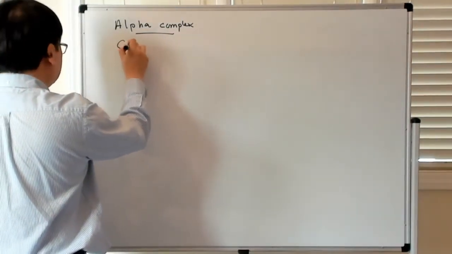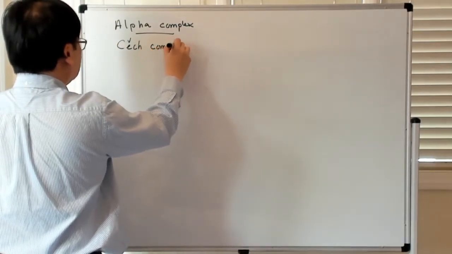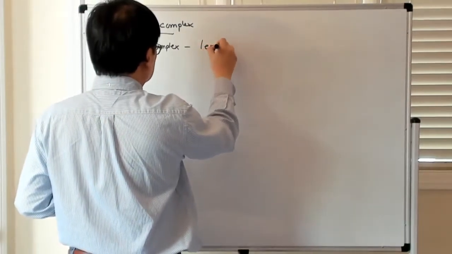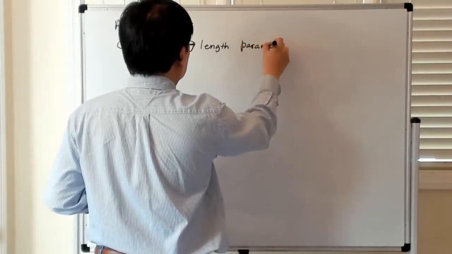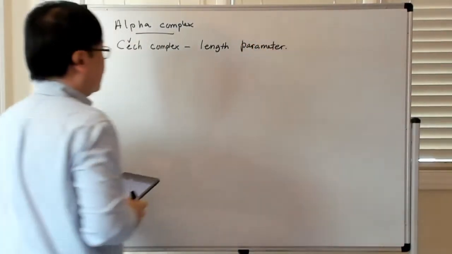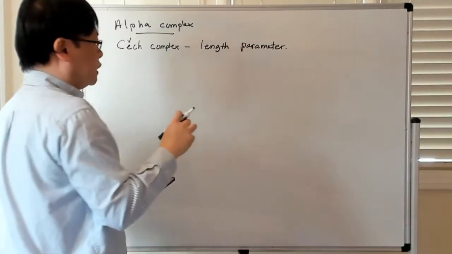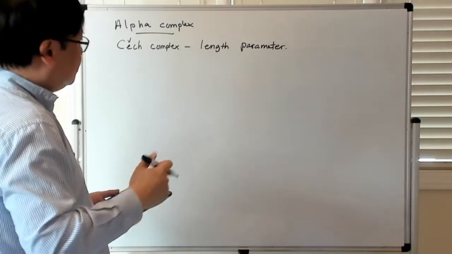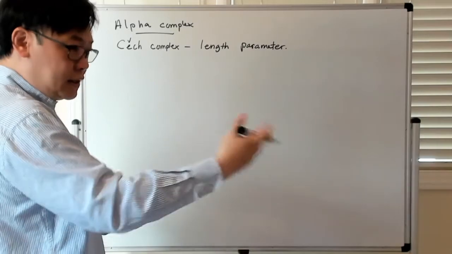Note that for the Čech complex, there's this idea of a length parameter. It allows you to, not smoothly interpolate, but think of a sequence of complexes.